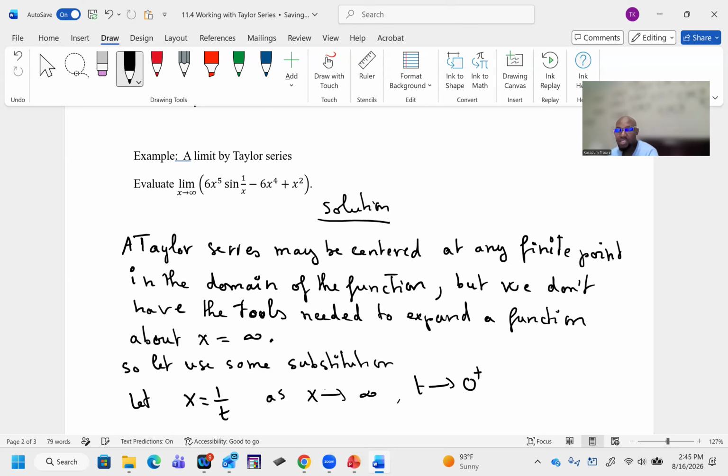But since it's positive infinity, t will approach 0 from the right.